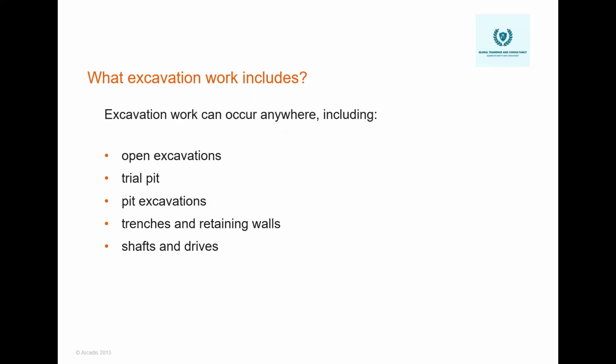Trenches are mostly used to lay water pipelines, sewerage pipelines, or telephone or internet cables. Shafts and drives are bigger excavations where organizations have to put pumps, sleeves, or other types of mechanical equipment inside the excavation.